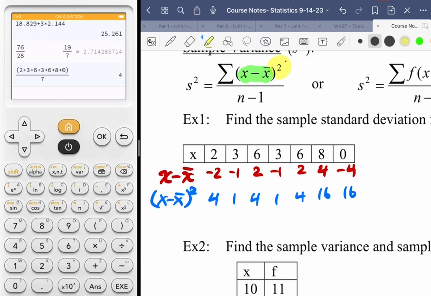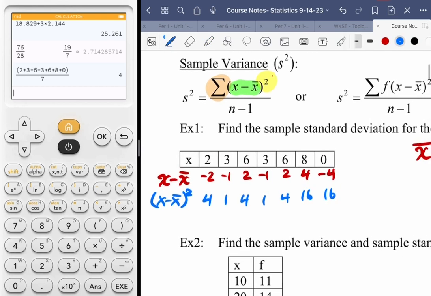This symbol here means to add those up. So I'm just going to pop in equals plus, plus, plus, plus, plus, plus. And so we get 8, 10, 14, 30, 46.